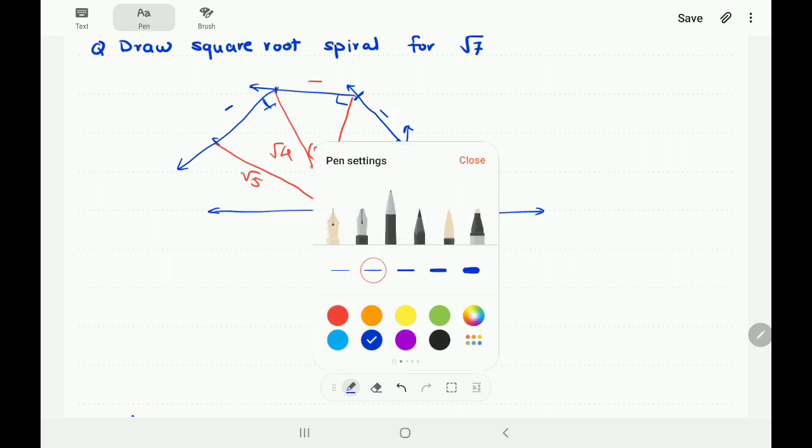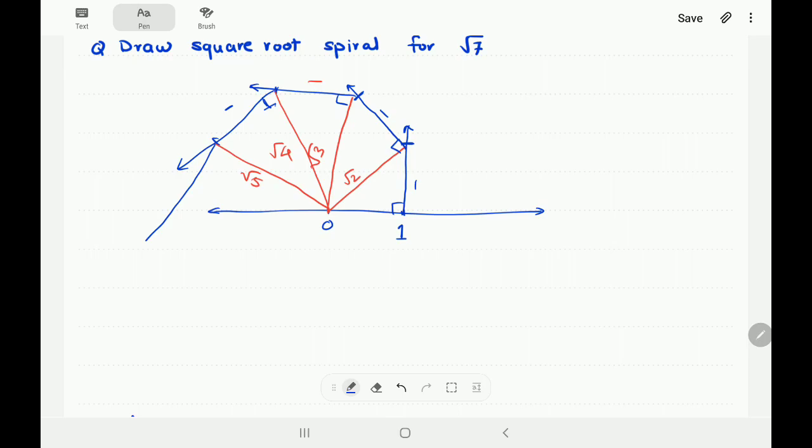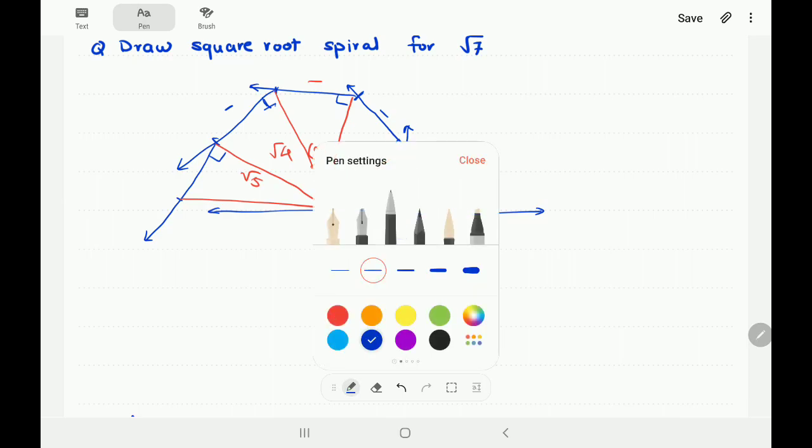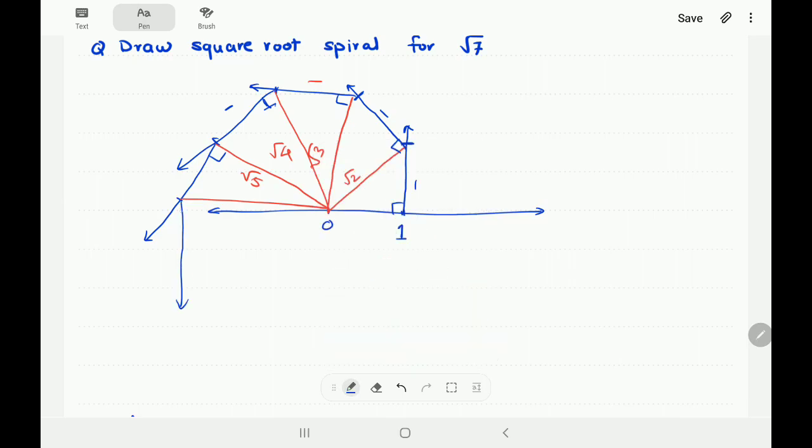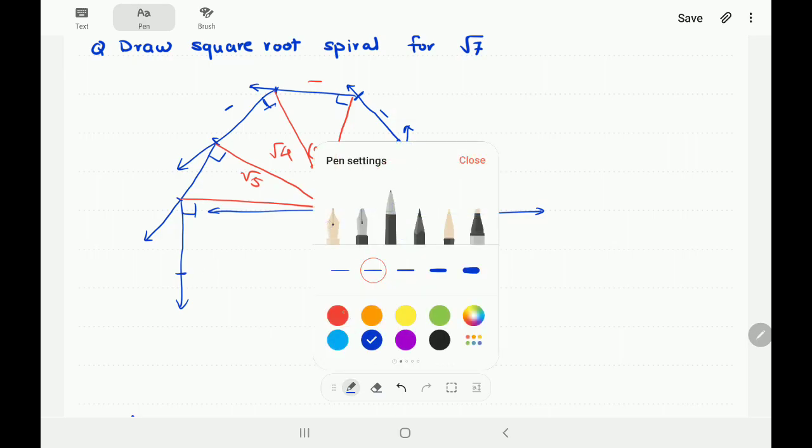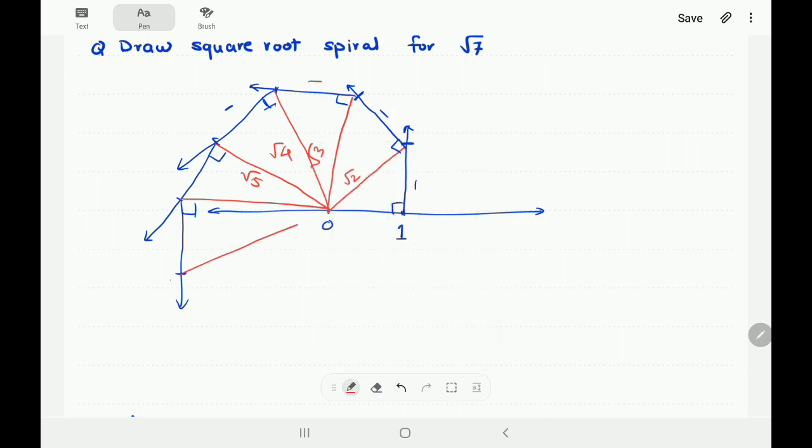Now again, if I go for a perpendicular on root 5 with 1 unit distance, I get root 6. Got the point? Again the same thing: perpendicular on root 6, 1 unit distance. This is root 5, this is root 6, and this will be root 7. This is the construction expected from you.